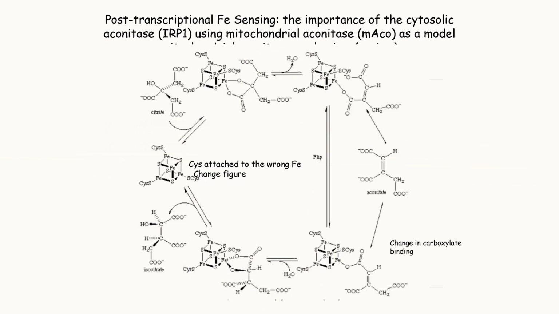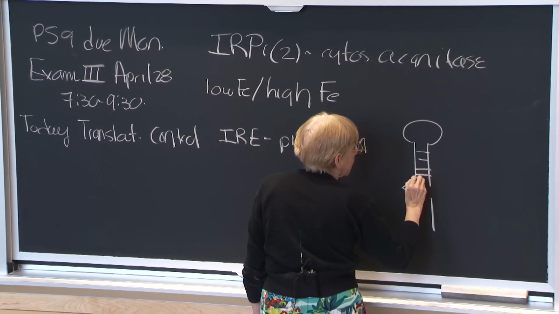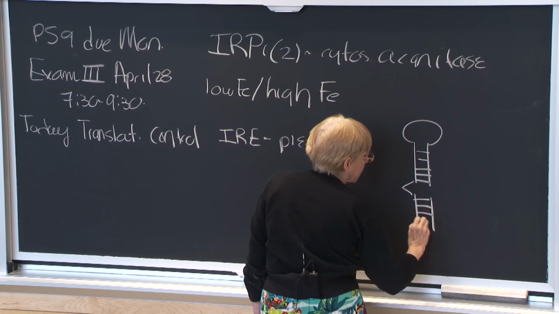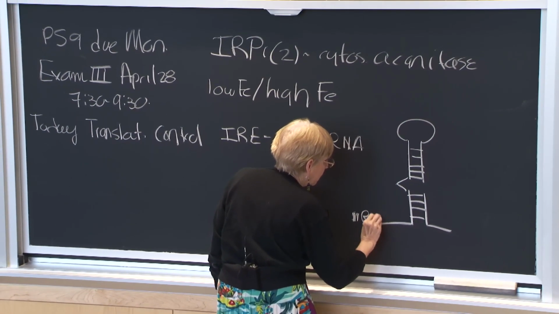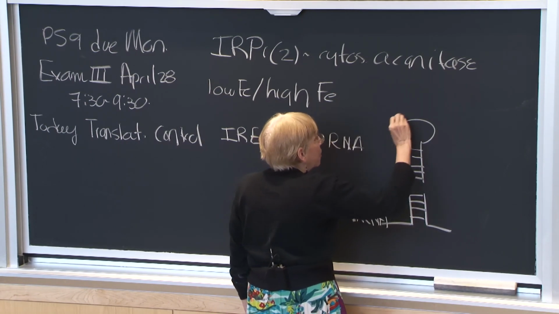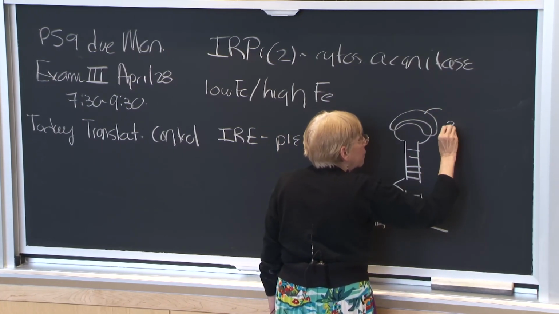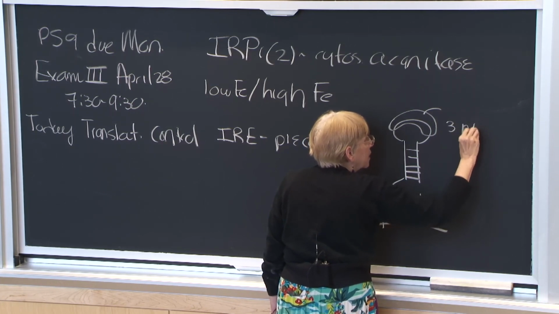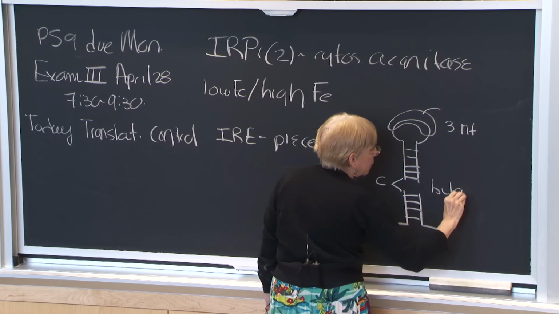Okay, so you have a structure like this, and there are so many base pairs in this little stem loop that's part of the messenger RNA. And you have a 3 nucleotide sequence, and this is a bulge sequence.